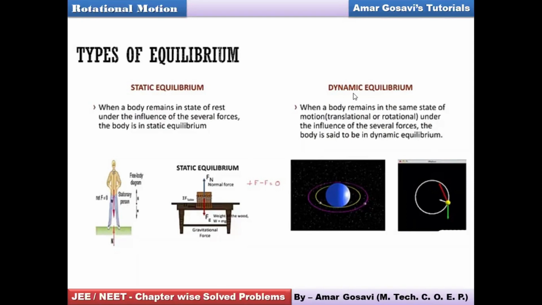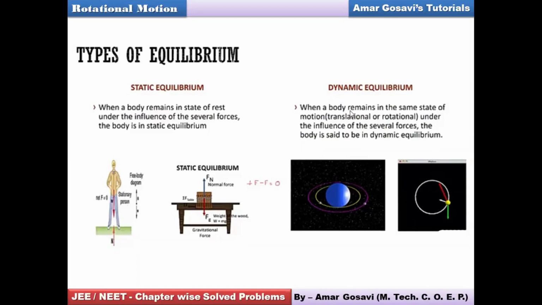The second type of equilibrium which we may come across in day-to-day life is dynamic equilibrium. Now what happens in dynamic equilibrium? You can have a look at this part of the slide. The body is in a state of motion, either translational or rotational. Dynamic means the body is in motion.